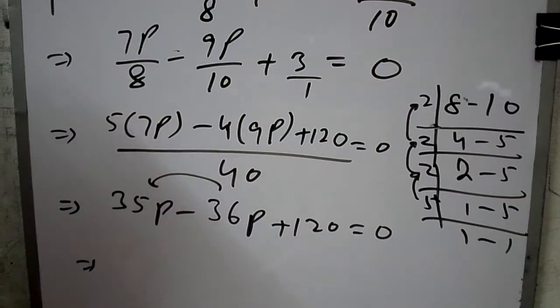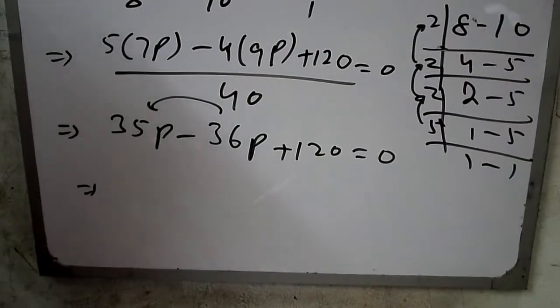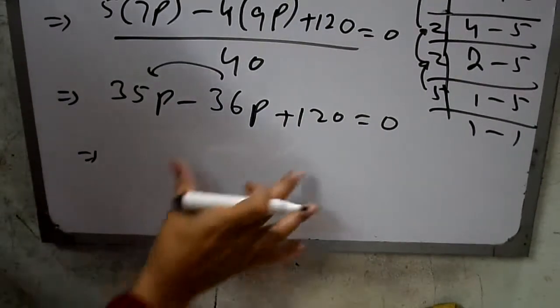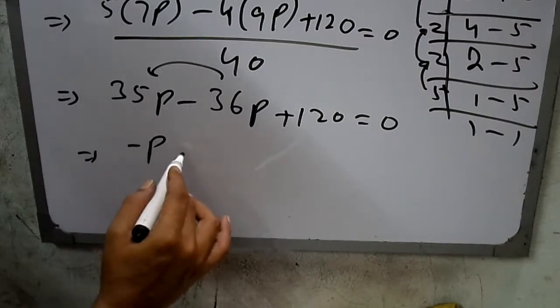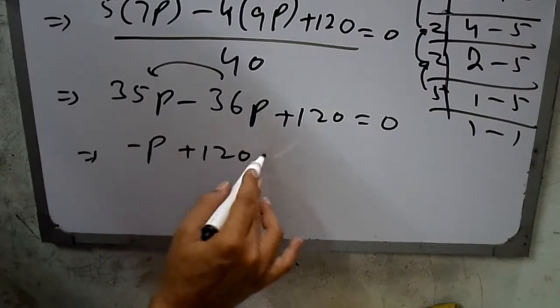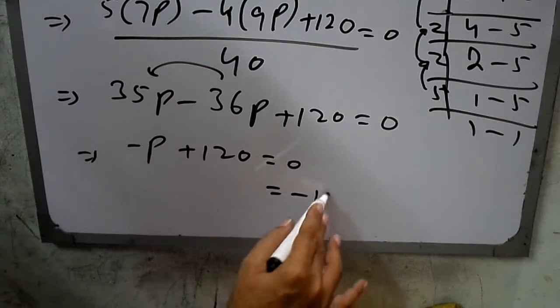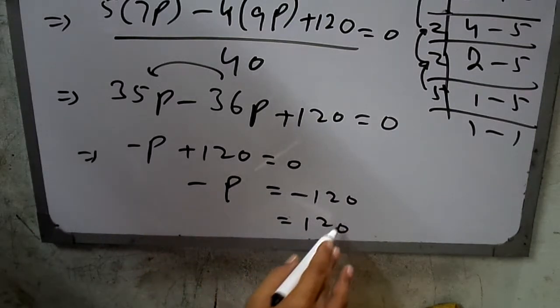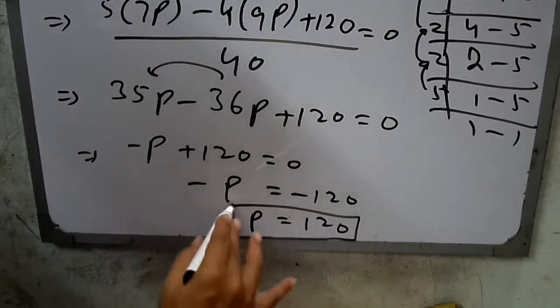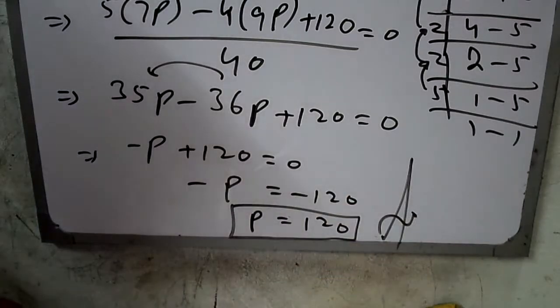So you will get P minus P plus 120 is equal to 0. So minus 120, so minus will be cancelled. So your result is P is equal to 120.